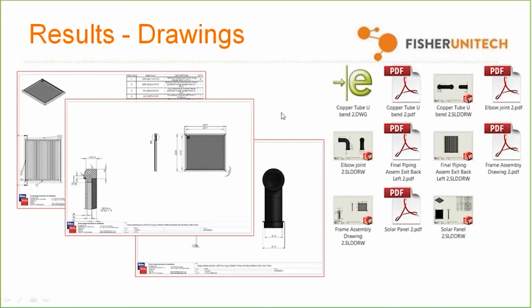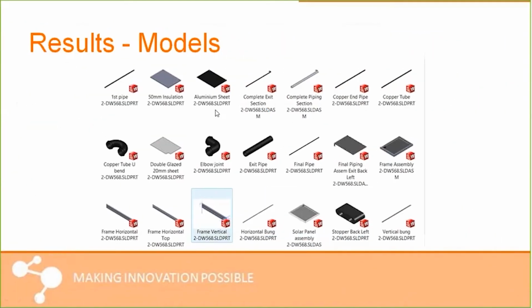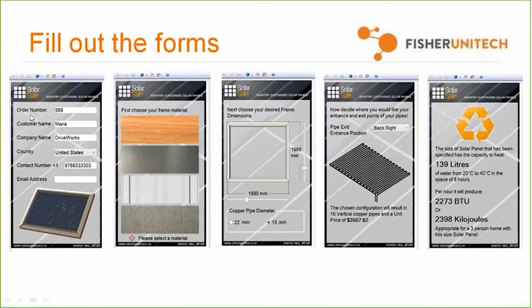One other thing that I'll mention, if you look at these models here, is that they all have a serial number at the end, DW568. So if you have an order number that's inputted, and you want that order number to be appended onto the file name, you can do that. If you want the files to be stored in a very specific location, you can do that as well, so that you have a specification folder where with every single run of a new configuration, the specification folder is named appropriately.